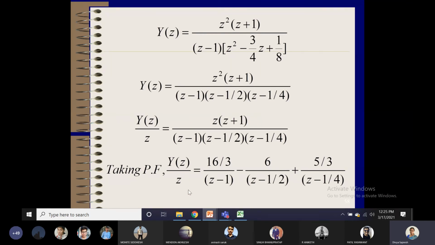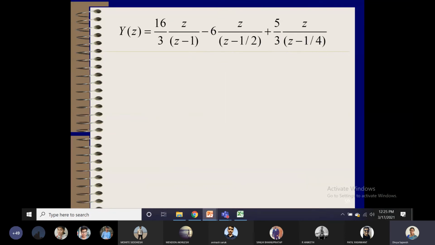Now, what is the next step? From the left hand side, take z to the right hand side so that you will get the general form for obtaining the inverse z transform. So, taking z to the other side, you will get the general form of the z inverse. So, take the z inverse of this.